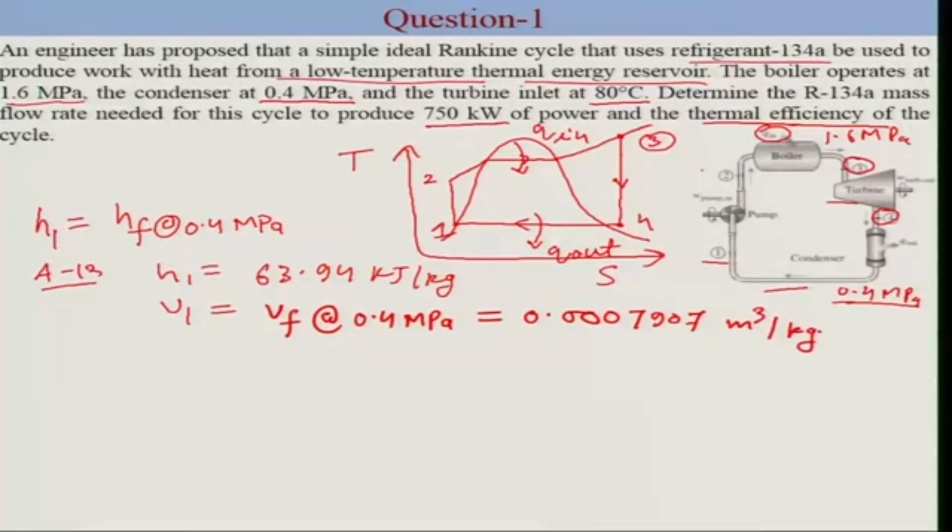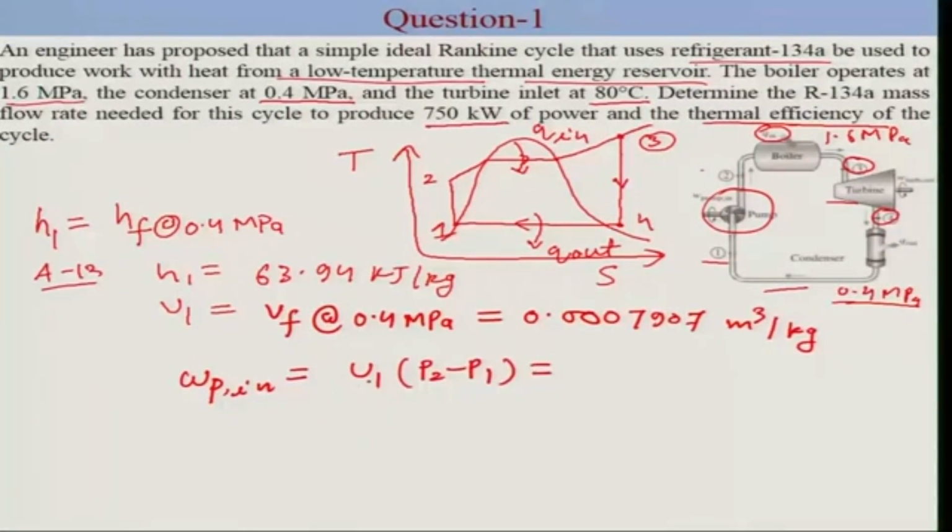Now, during this compression, work done by the pump will be equal to change in flow energy of fluid, because here if we calculate work done by the pump, it will be just change in flow energy of the refrigerant, which will be V1 times P2 minus P1.